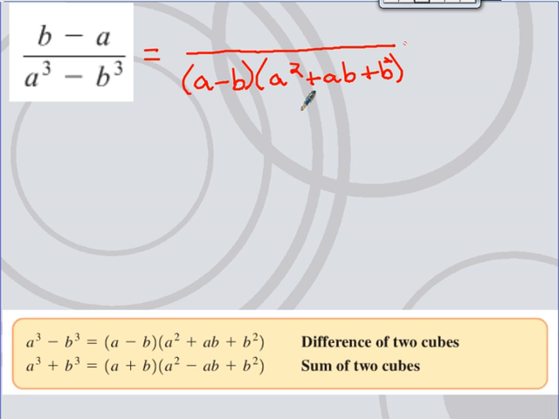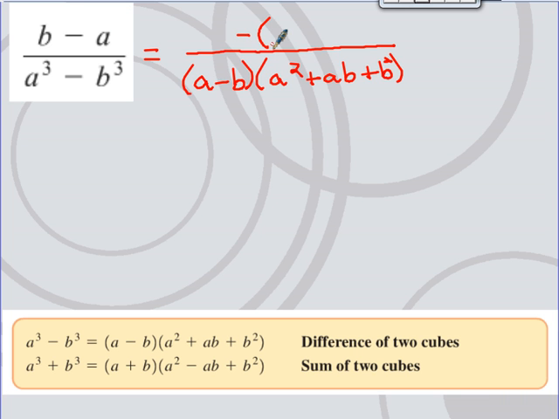But the problem is you got an a minus b, but there's not an a minus b on top. You have a squared plus ab plus b squared, but you don't have the same thing on top. Nothing cancels out as of now. Showed you a trick the other day. This is not a minus b, but I could turn it into a minus b. Does anybody remember how to do that? Thank you.